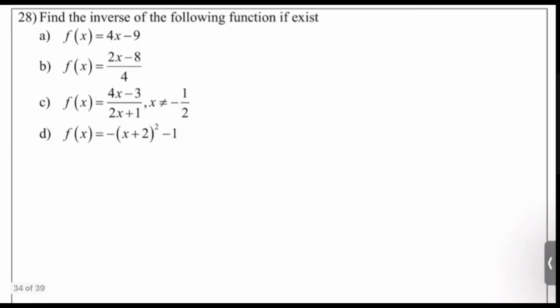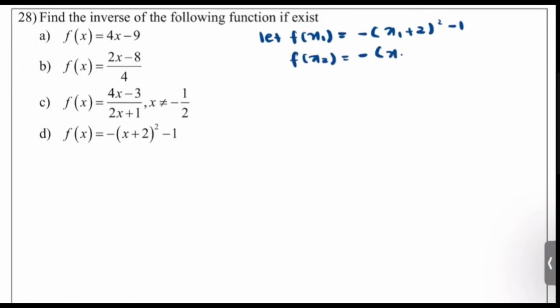For this D, I will use the algebraic method to check whether it is one-to-one or not. So let f of x1 equal negative x1 plus 2 squared minus 1, then f of x2 equal negative x2 plus 2 squared minus 1.